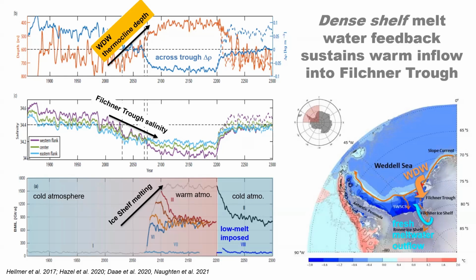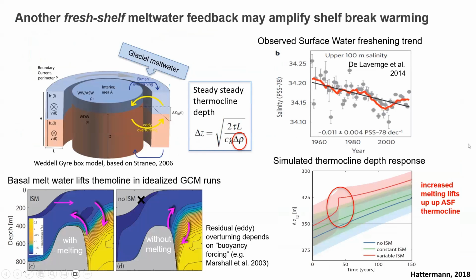You need to get warm water closer to the shelf. I like to describe that as a sort of thermocline depth. You need to lift that thermocline, and there is also a potential meltwater feedback further upstream in this fresh shelf regime, where you have a sort of frontal system.